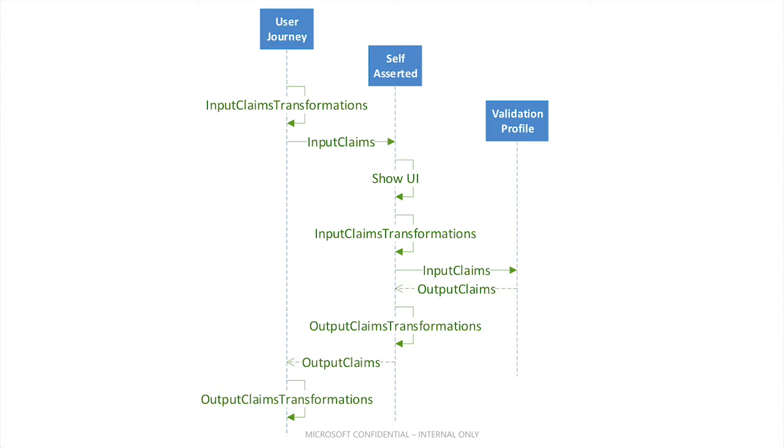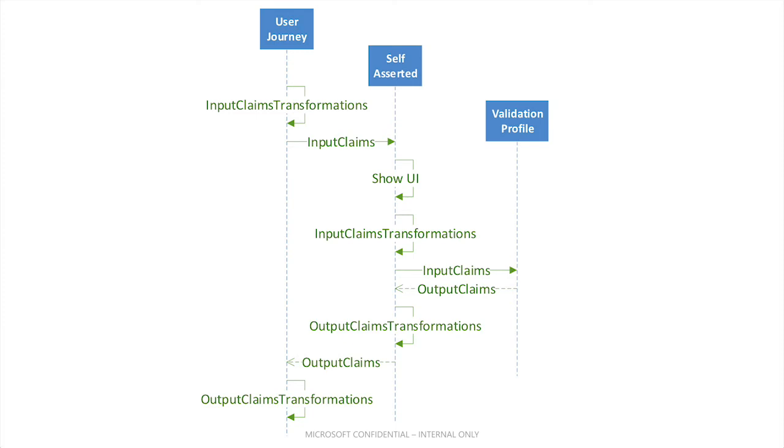Then we apply some output claims transformations inside the self-asserted provider, and the claims generated from the output claims transformations can make it to the user journey only if they are also output claims of the self-asserted provider. So let's say I have an output claim from the validation technical profile, I don't know, object ID. But I don't put it as an output claim of the self-asserted provider.